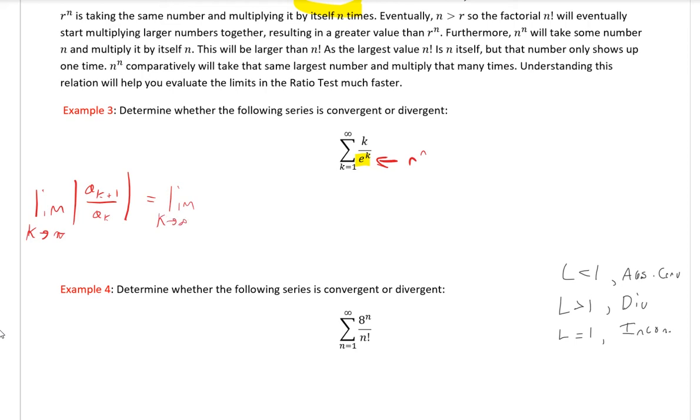If we have a sub k plus 1, we just put in k plus 1 to each of these. So we have k plus 1 divided by e to the k plus 1. All that is divided by the original value, k divided by e to the k power.